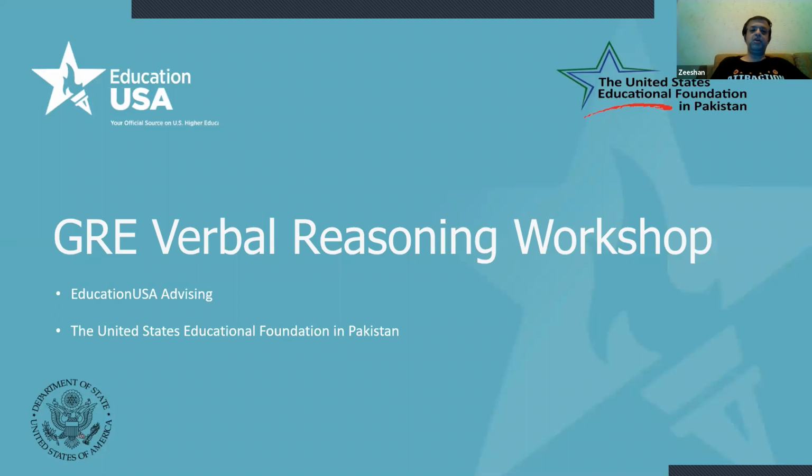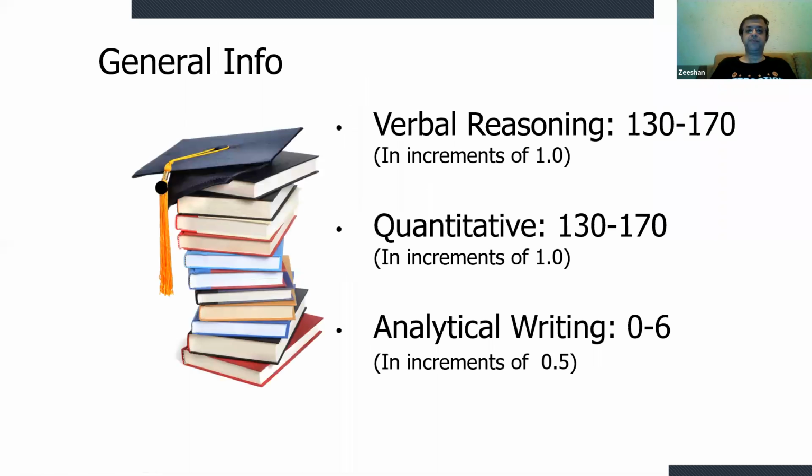Okay, next we are going to go on the verbal reasoning section, which is the English portion of the exam. As I mentioned before, the score range is between 130 to 170 in increments of 1. The quantitative reasoning section, again, 130 to 170 in increments of 1. In analytical writing, we have a score between 0 to 6.